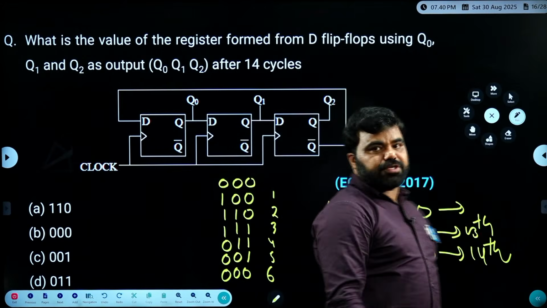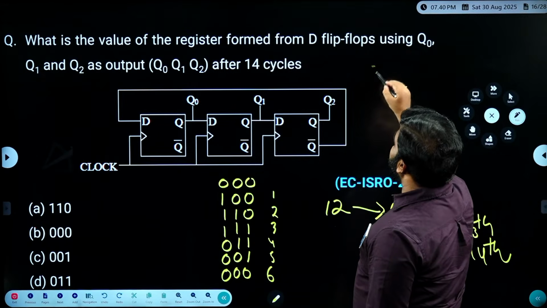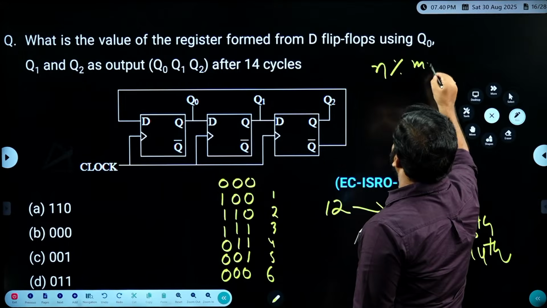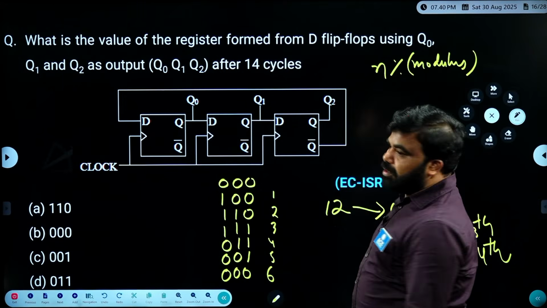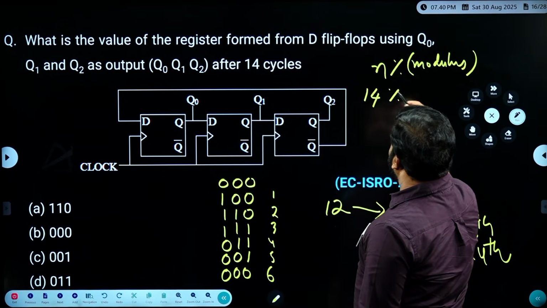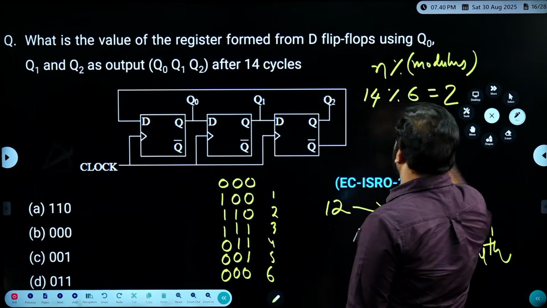A simple question. When we are given n clock cycles, you need to calculate n modulo the counter modulus. Here 14 modulo 6 results in 2.